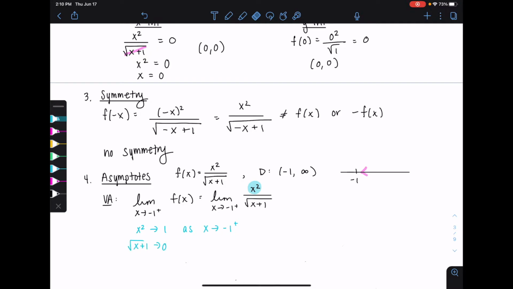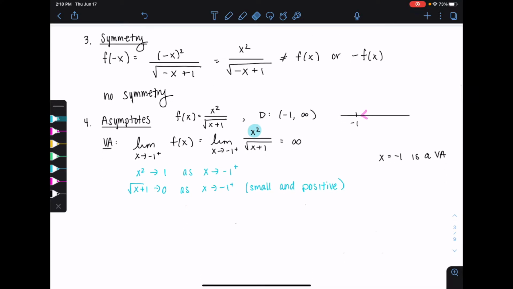The denominator is approaching 0. You get the square root of -1 plus 1 as you approach -1 from the right. But because you're approaching from the right, that's numbers like -0.9, -0.99. So inside, you're going to have the square root of a positive number. So it's going to be approaching 0, but it's small and positive. So ultimately, we're going to be approaching positive infinity from the right-hand side of -1. So immediately now I know x equals -1 is a vertical asymptote.